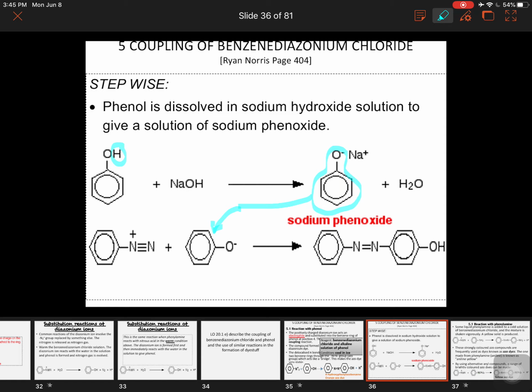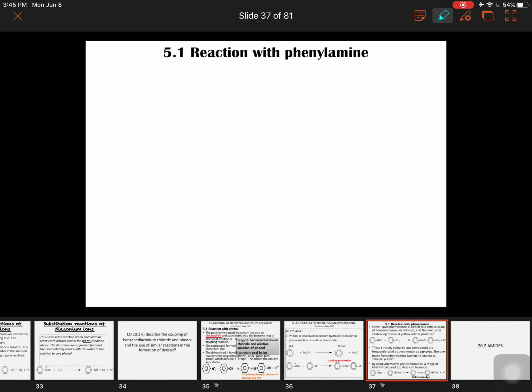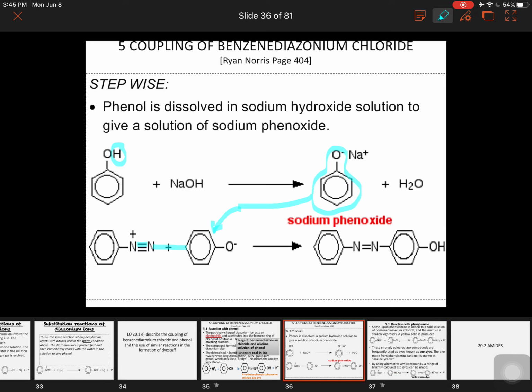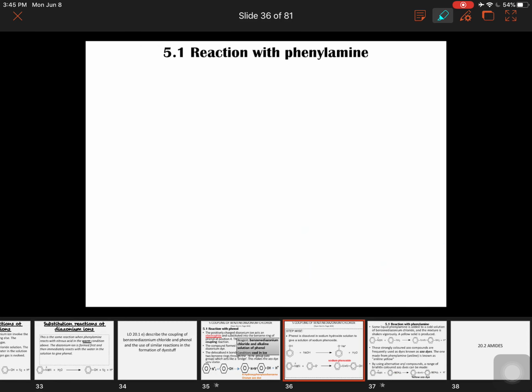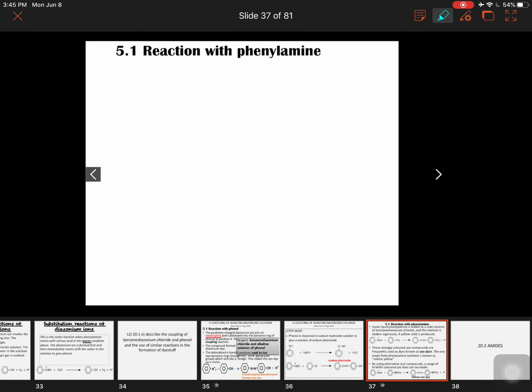So what happens? One of the bonds breaks, and a new bond between the nitrogen and the fourth position of the phenoxide forms. So this is your product, where you initially have your benzene diazonium ion and then your phenol. So this is an example of a coupling reaction.